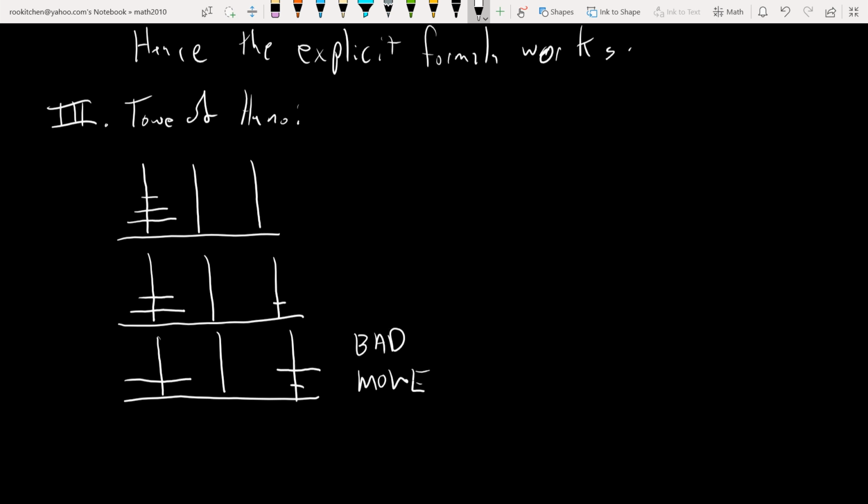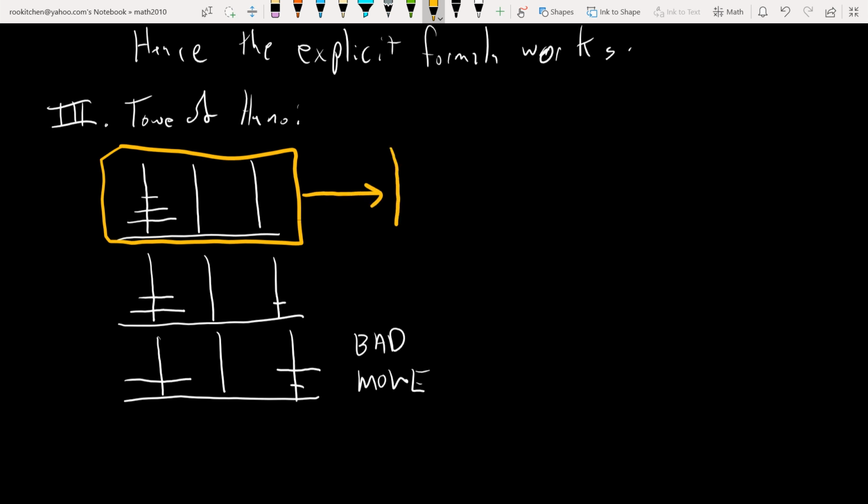Okay, so again, the objective is to start with your tower, like right here, and then we want to move all of the objects in the tower one by one, so we end up on a different pole.